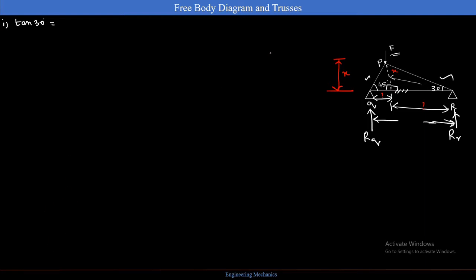Tan 30 is opposite divided by adjacent. I don't know my adjacent, so I am going to name it b. The distance from this to this is b. So tan 30, which is 1 by 1.732, equals x by b.